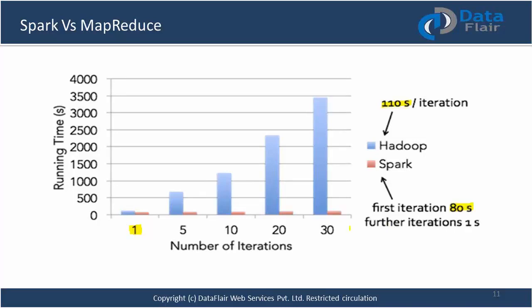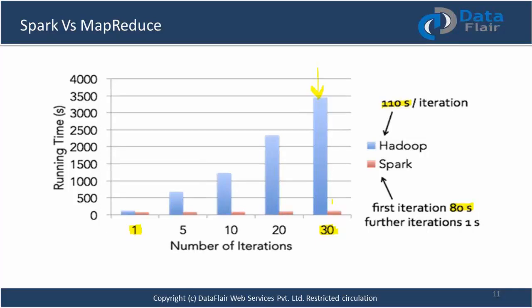But guys, look at it. 30 iterations, if you are having 30 iterations, time required for MapReduce is almost 3500 seconds. Look at Spark. The time required for Spark is still almost the same as what was needed for one iteration. Every iteration is merely adding 1 second more time.